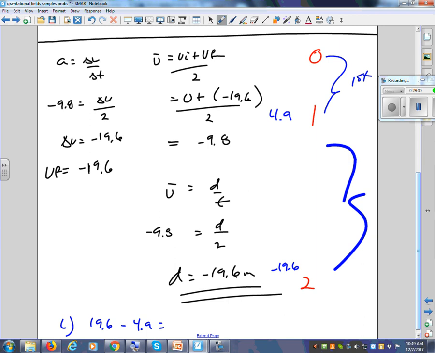Does that make sense? How come it falls farther in the second second than it does in the first second? Because it's accelerating, exactly. It's speeding up. It's going to be going farther, faster.